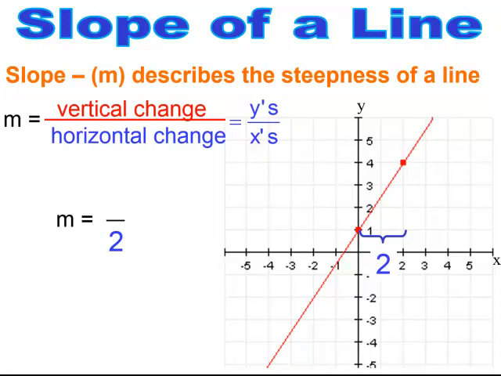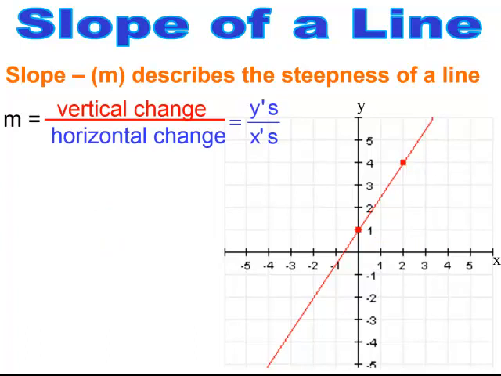So 2 would go in the bottom position of the slope, or the denominator. And then from that, I'm going to count how far it is vertically for my y values. So I count and I go up 3, so my y values, or the vertical change, would be 3.